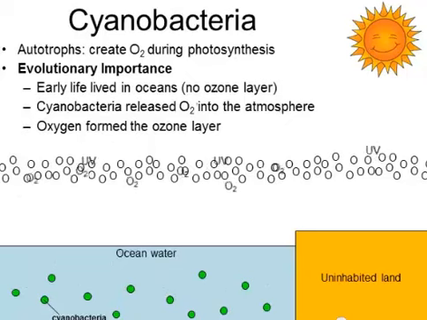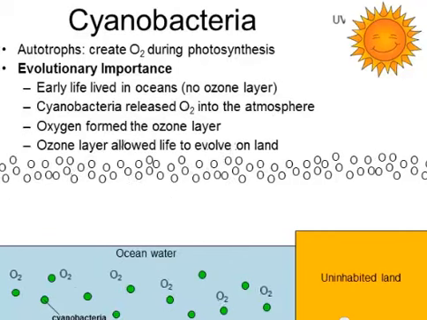Our ozone layer is made from oxygen, and notice how the animation has changed. Now that we have this protective ozone layer up in the atmosphere, look at the animation. The UV is blocked. It's not striking the surface of the Earth anymore. This is huge.